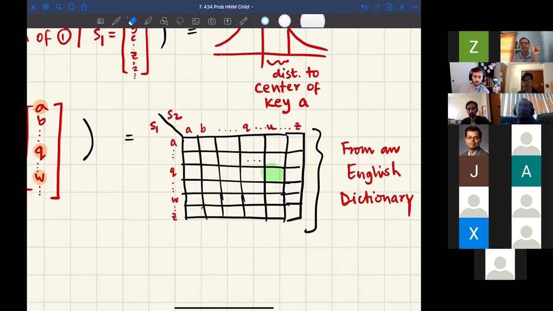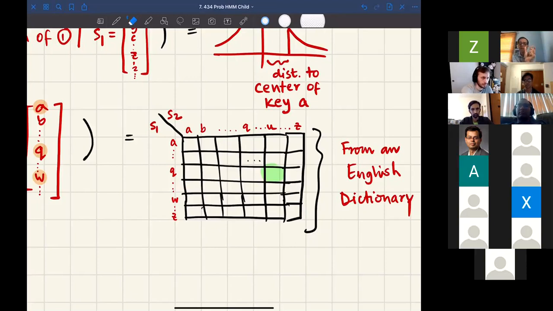If aardvark was mentioned two times in all Wikipedia articles, versus sports got mentioned 5,000 times, I'm going to multiply aardvark by 2 out of the total number of words in Wikipedia, and sports by 5,000 out of, let's say, 35,000 words. So I can also add weights based on their frequency of occurrence.